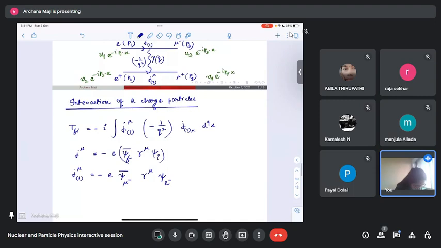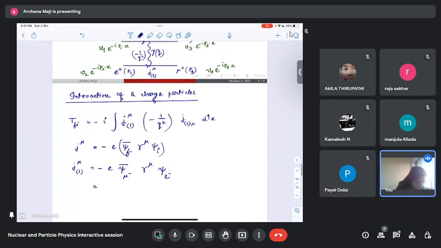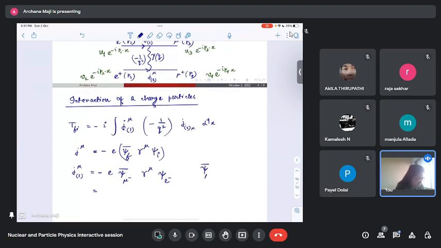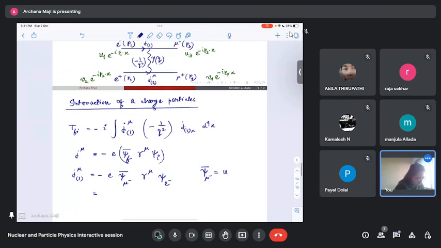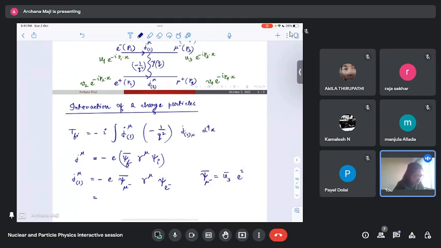Now we can replace this: psi bar for mu minus will be u3 bar exponential i p3 dotted with x, and psi for the electron is u1 exponential minus i p1 dotted with x.